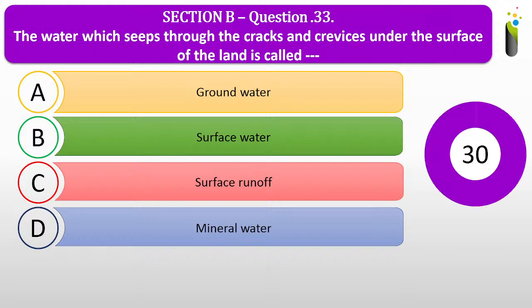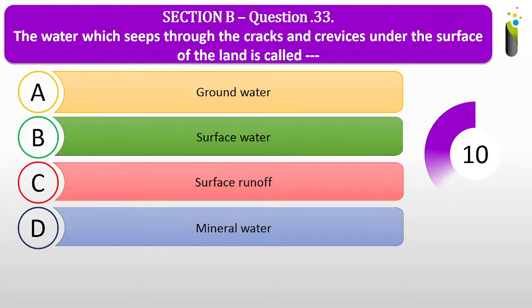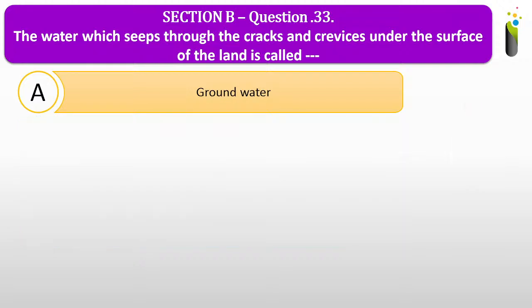And your time starts now. And the correct answer for this question is A. Groundwater. So the water which seeps through the cracks and crevices under the surface of the land is called as groundwater.